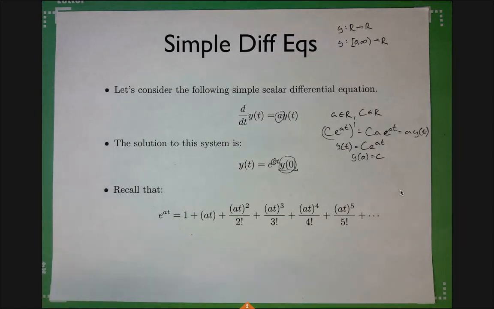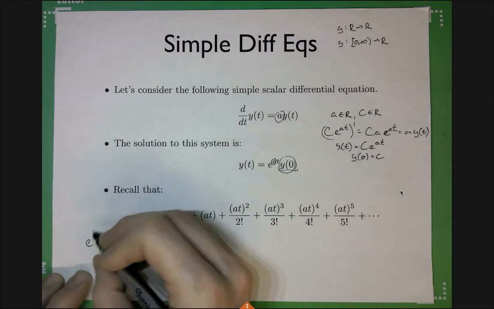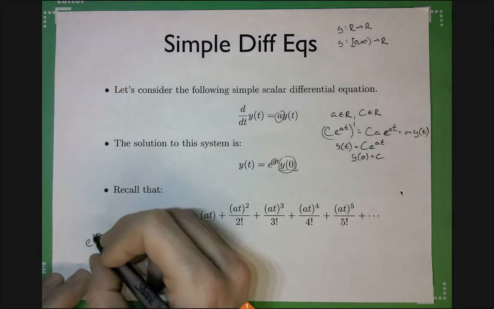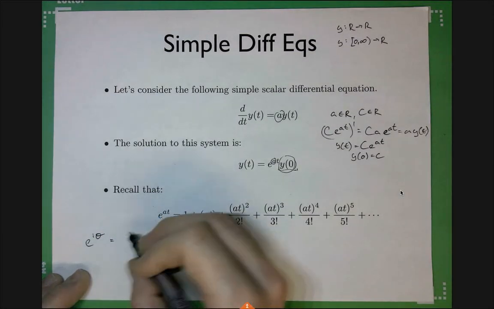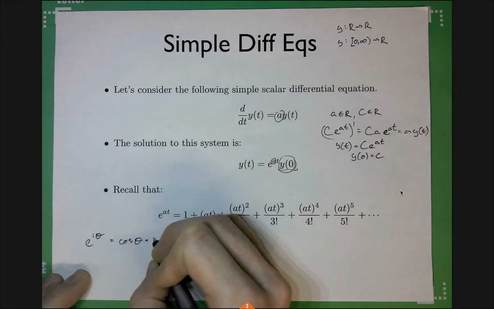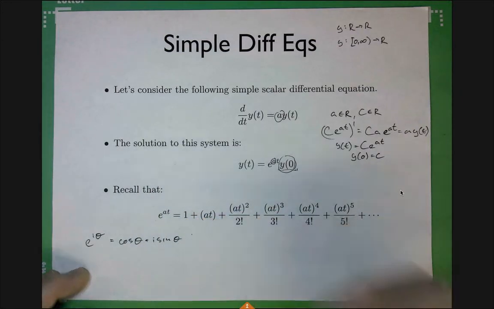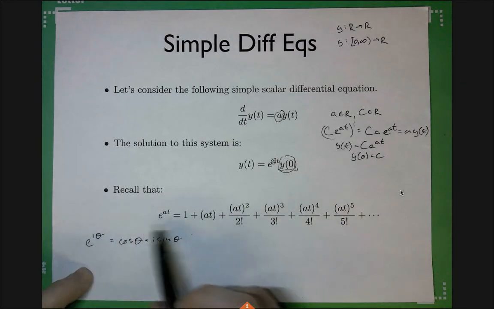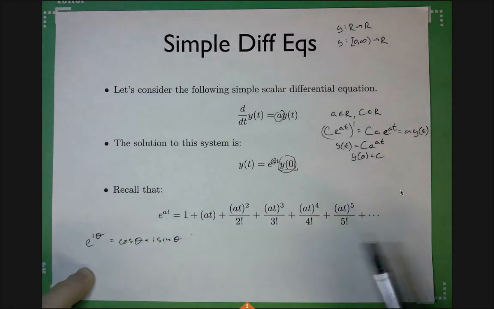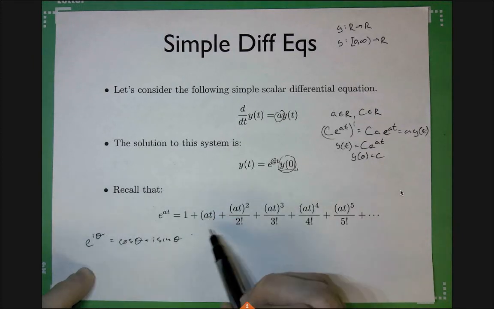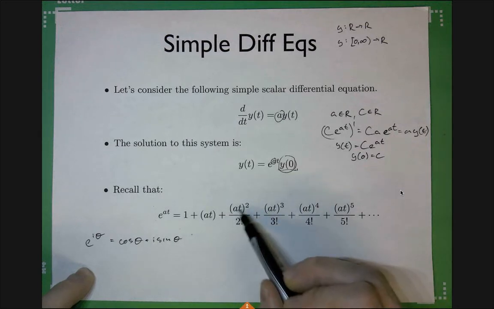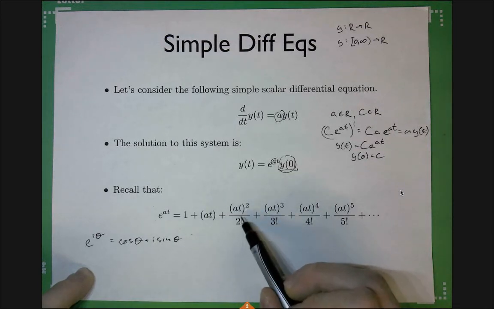By the way, when we talked the last time about the Euler equality e to the i theta, where i was the complex unit, I was saying that this is equal to cosine theta plus i times sine theta. You can prove this easily also from the Taylor expansion, because if you plug in here the complex number i times theta, then you realize that i squared is -1, right?